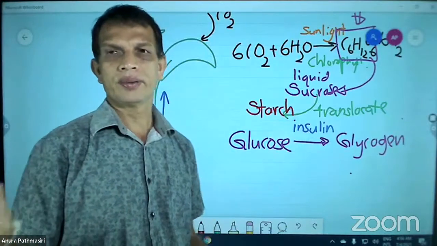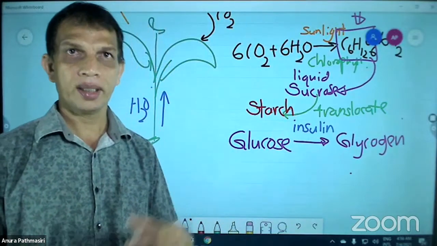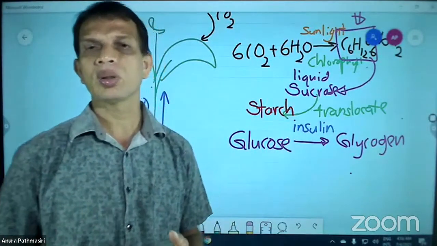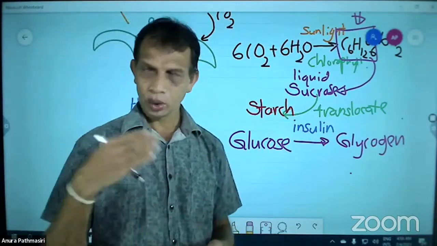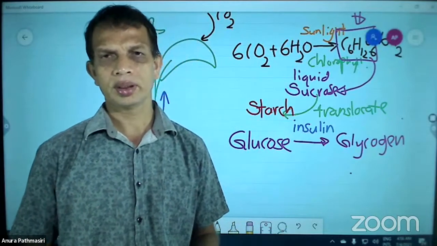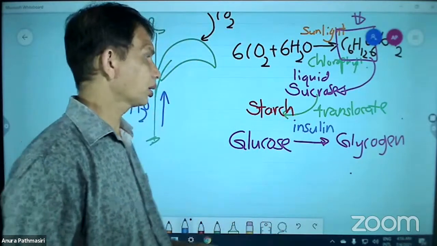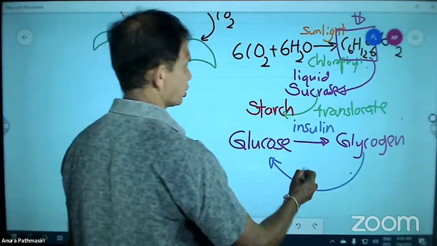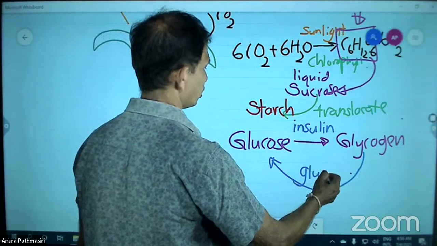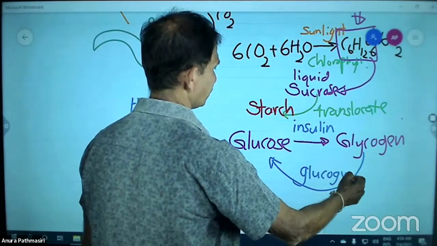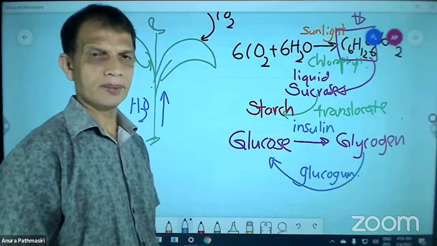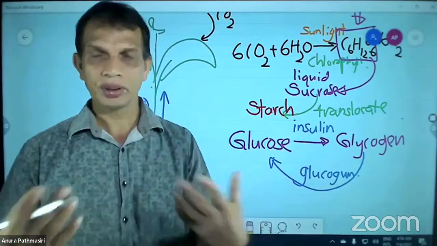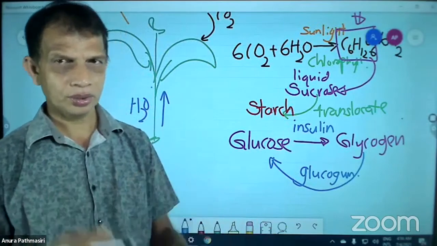There are the islets of Langerhans to produce the insulin hormone and the glucagon hormone. So glucagon converts glycogen back to glucose. I can't remember the spelling. Glucagon will be converting glycogen into glucose whenever you want to make use of it.